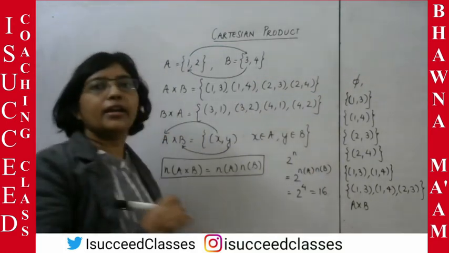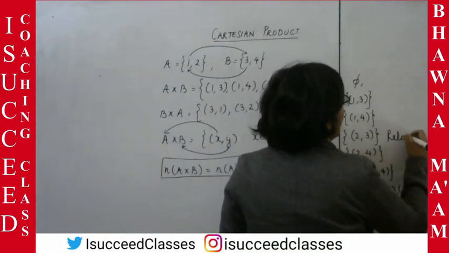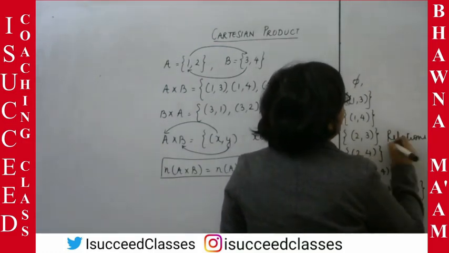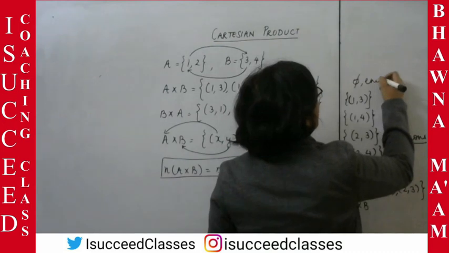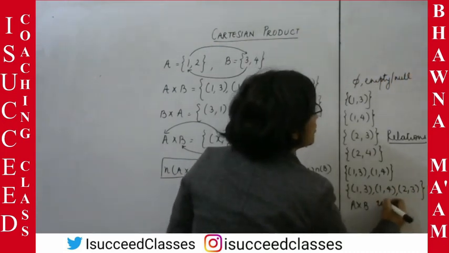And all the 16 subsets are relations. This is the empty relation or null relation, and this is the universal relation.